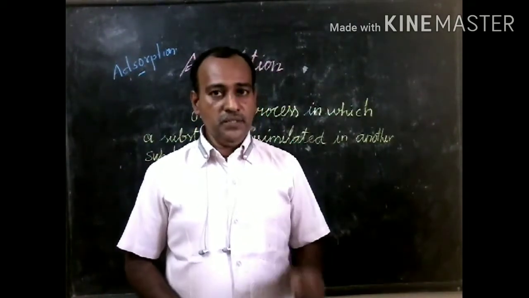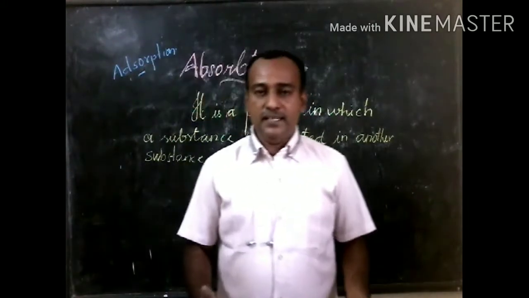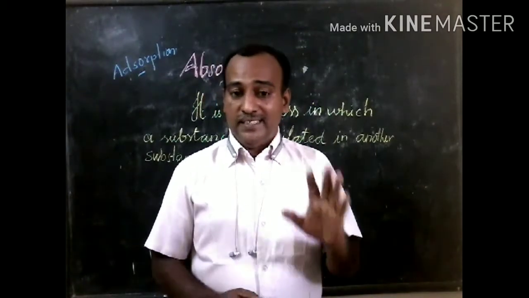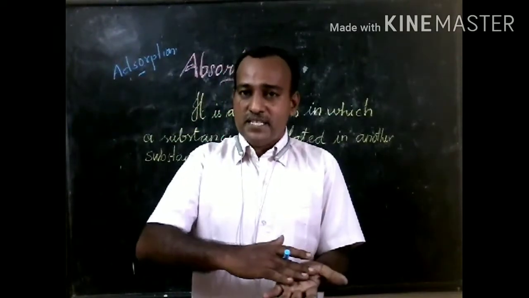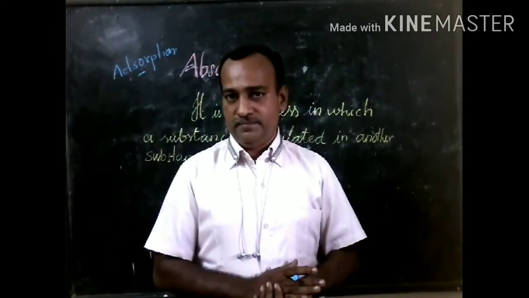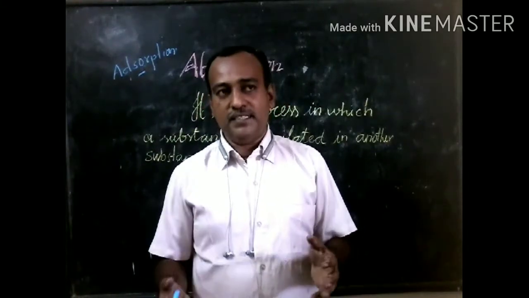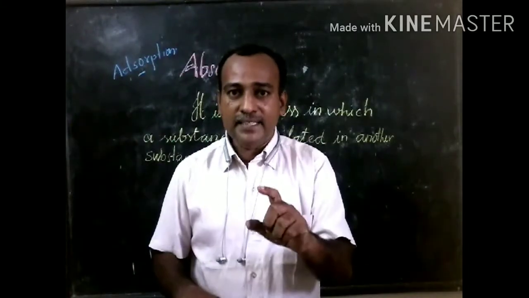Instead of tissue, if you are using ordinary note paper, do it as a small activity in your home. The tea will only be on the surface of the ordinary note paper. But if you put the tissue paper, the tea gets absorbed by the tissue.